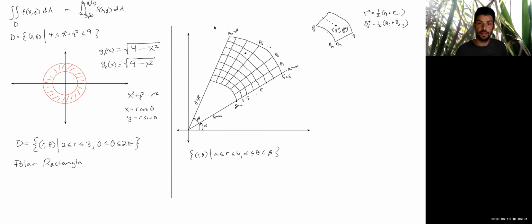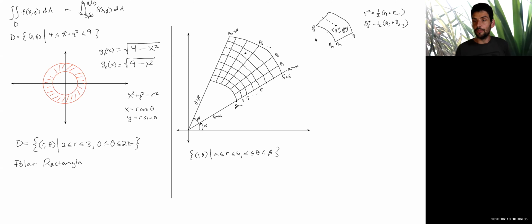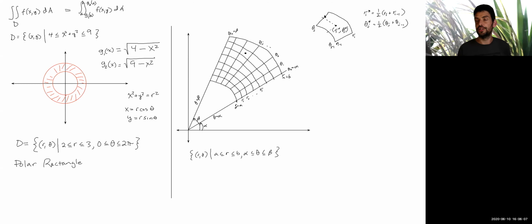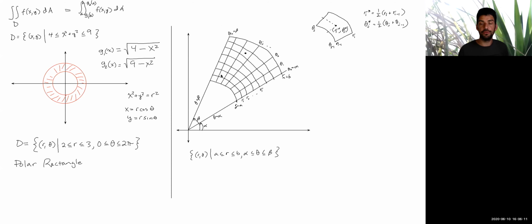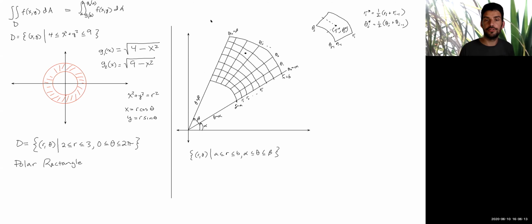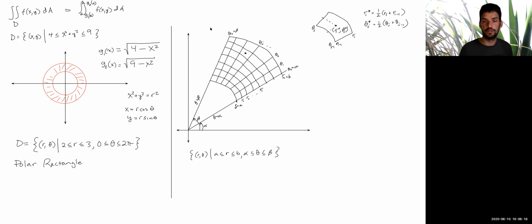So here's our next idea. I want to know the area of this little, it's not quite a rectangle, it's a polar rectangle. So what I'm going to use is the area of a sector of a circle.